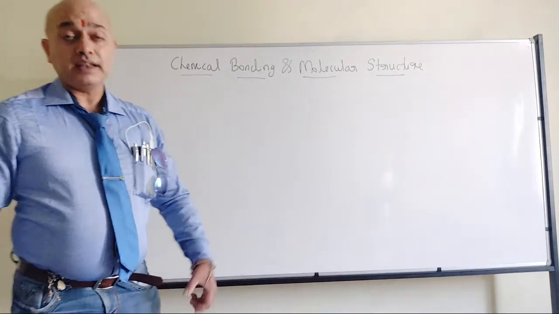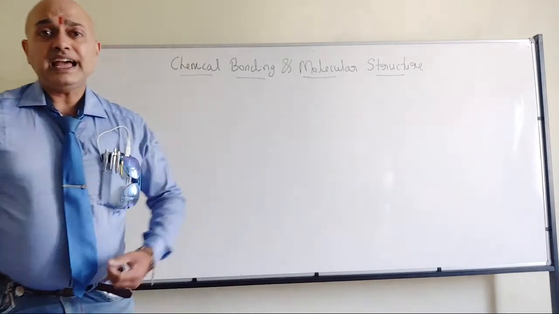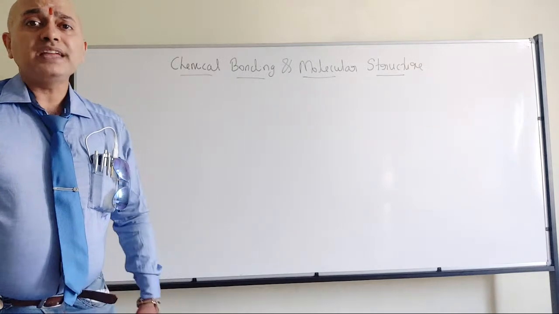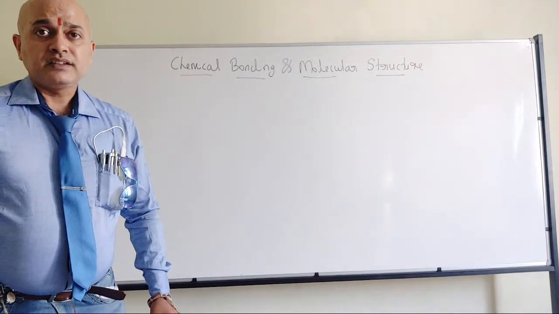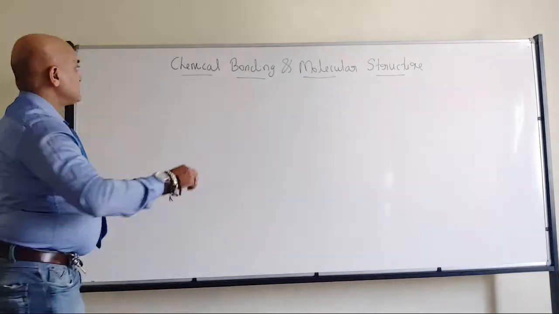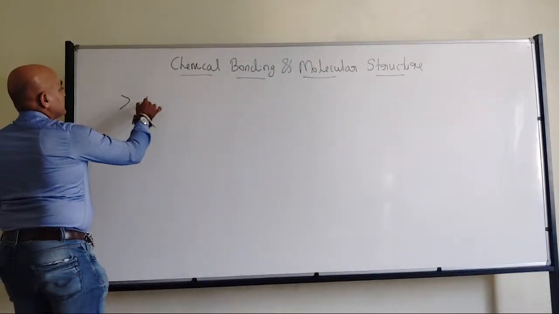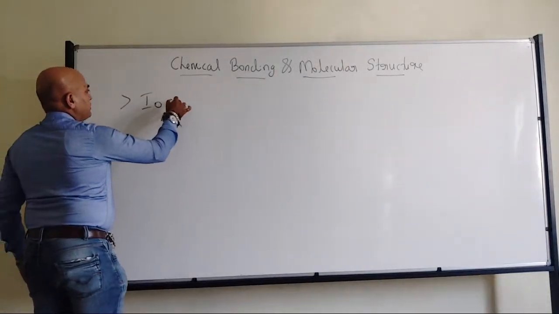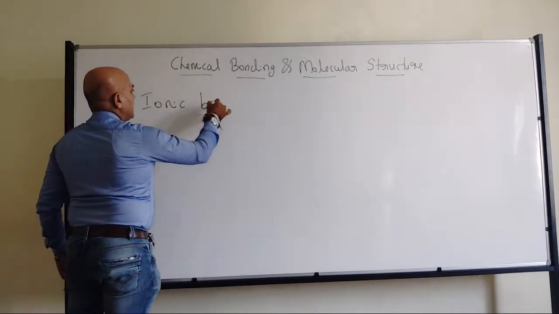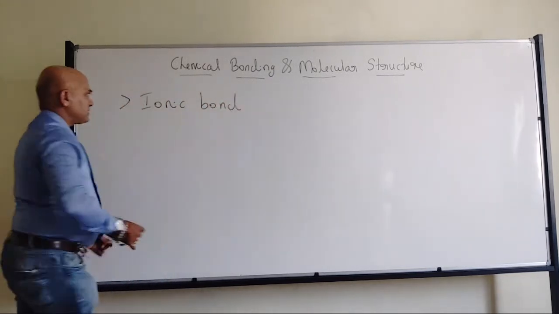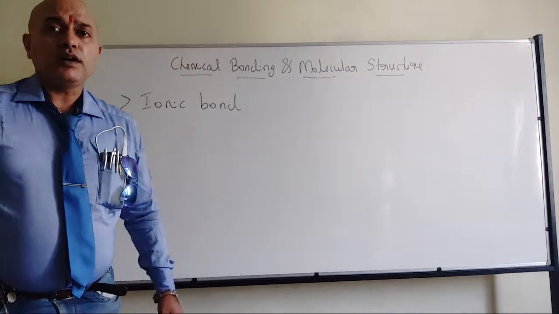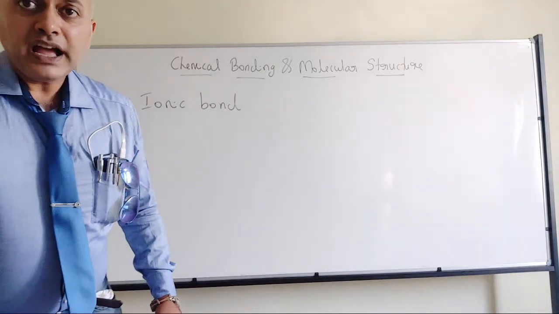For example, alkali metals with halogens form ionic compounds, right? Why are they called ionic compounds? They are called ionic compounds due to the presence of ionic bond. So what do you mean by ionic bond?